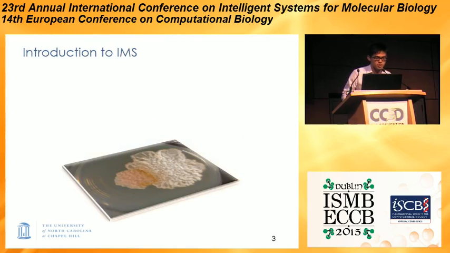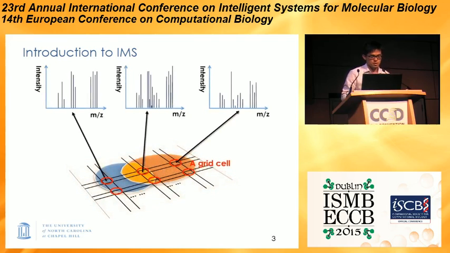This is an illustration of a microbial interaction experiment using IMS. This is an agar plate where we grow two bacterial colonies. In the IMS setting, this plate is divided into many rectangular grid cells, so we have a mass spectrum in each cell.